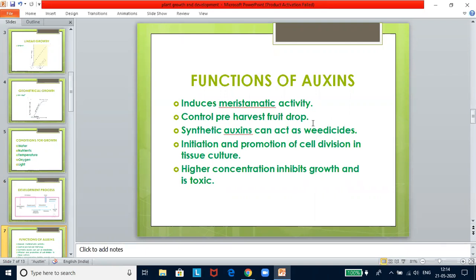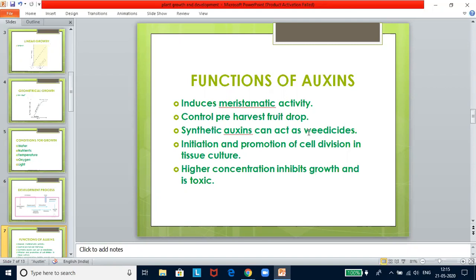The synthetic auxins 2,4-D and 2,4,5-T can be used to kill broadleaf weeds, but for reasons not completely understood at this time, they do not kill the grasses. That means 2,4-D and 2,4,5-T can be used effectively as weedicides. Initiation and promotion of cell division by auxins is very useful in tissue culture experiments and formation of callus.